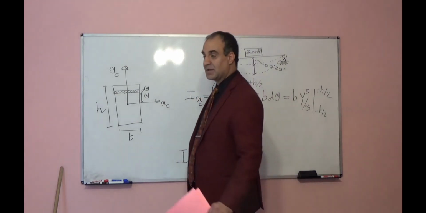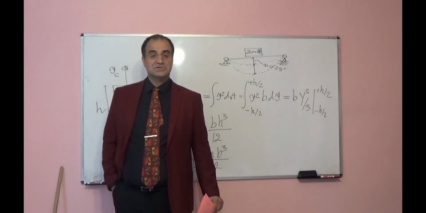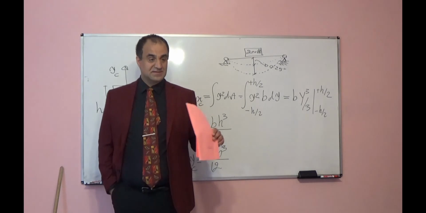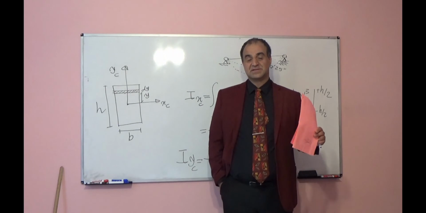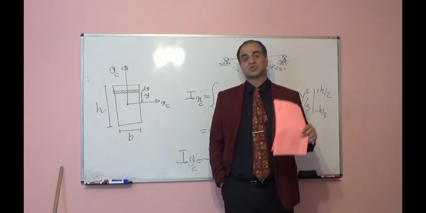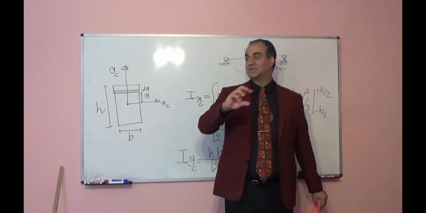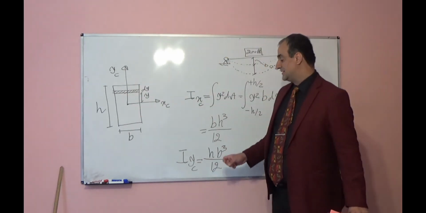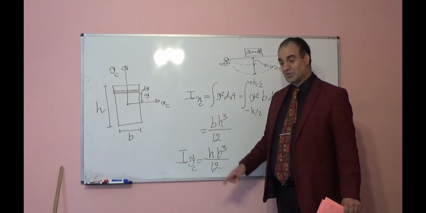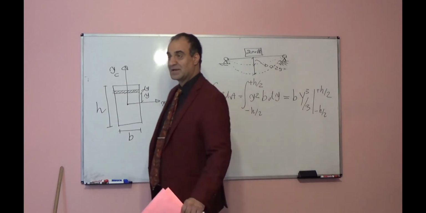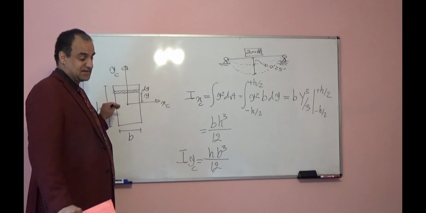For different shapes like a round shape, triangle, or trapezoid, again, you can integrate and find it. But in order to make calculation much simpler, in all statics books or strength of material books, there is an appendix with tables. For different shapes, you can find the moment of inertia. It means they integrated and came up with formulas. But those tables most of the time give moment of inertia with respect to the axis that passes through the centroid.